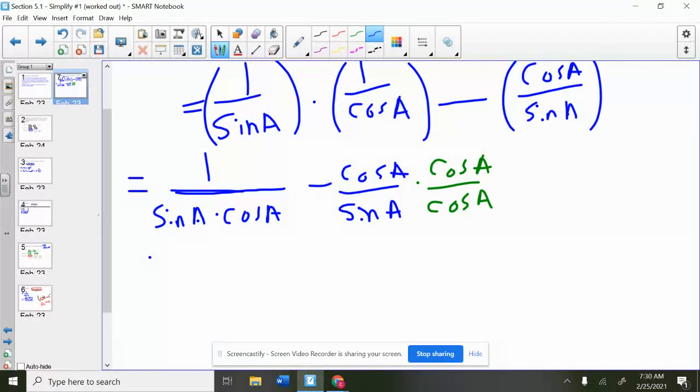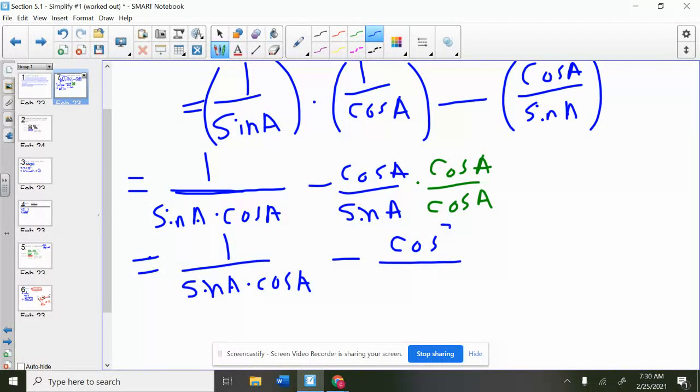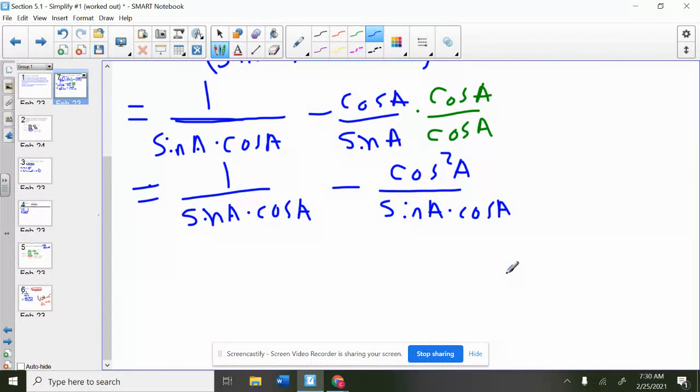So I would have 1 over sine times cosine, minus, up top, cosine times cosine, that's cosine squared. On the bottom, sine times cosine. So now you have a common denominator, which is exactly what I want.